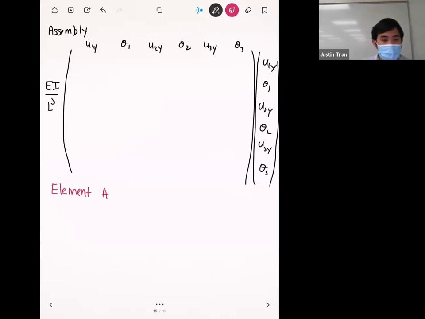All right, so let's do element A first. Element A we know works on nodes 1 and 2, right? And so element A is going to go in over here. It's going to take up these 16 spaces.